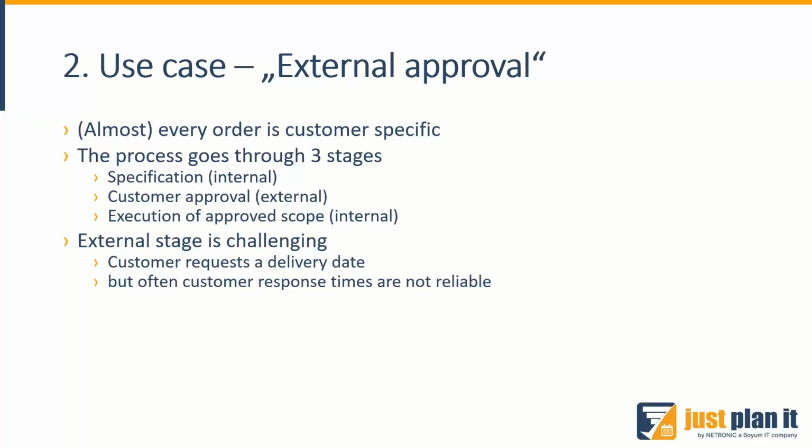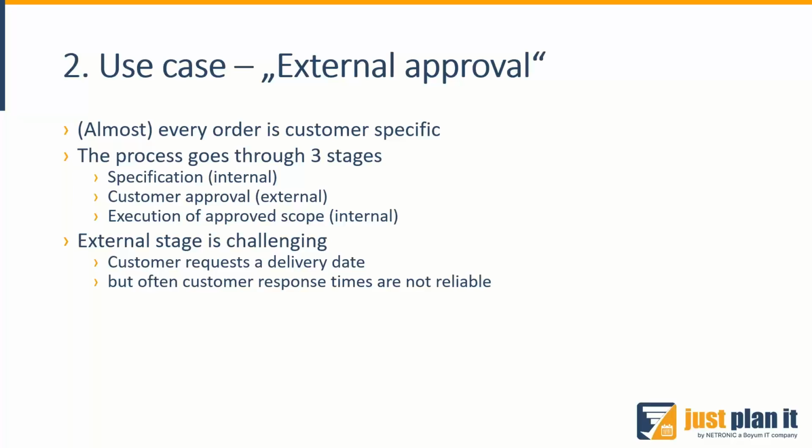And this implies that you first of all would have an internal step where you specify what you will do. So you specify the scope of supply. And this goes into an official quotation. And this official quotation is at the customer side, so externally, to be approved.